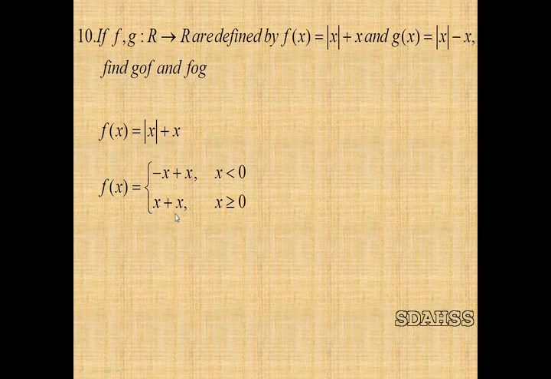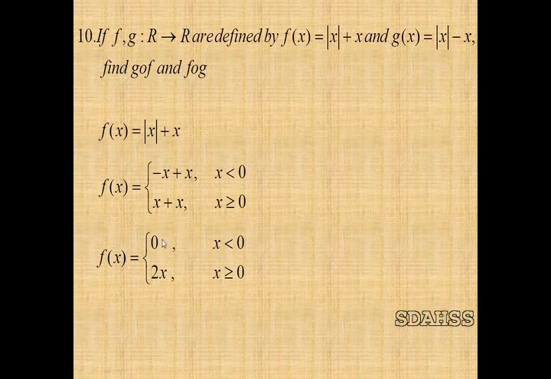So this can be written as f of x is equal to minus x plus x, which is 0, for x less than 0, and x plus x, which is 2x, for x greater than or equal to 0. Now the function f of x is defined by 0 when x is less than 0, and 2x when x is greater than or equal to 0.